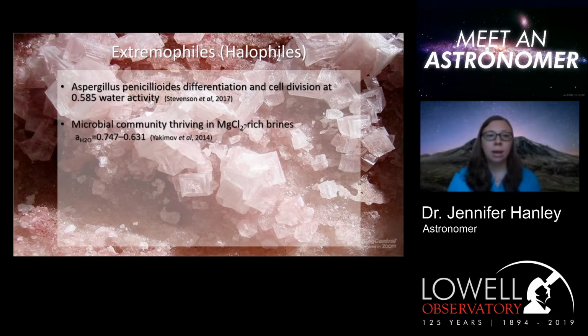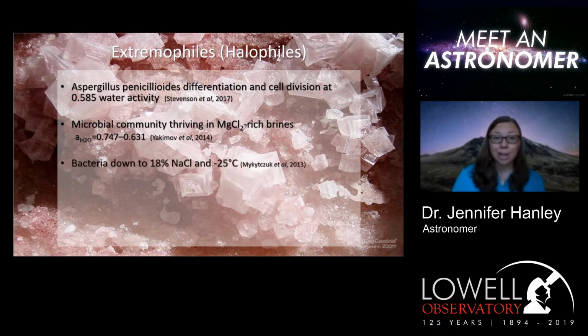So we see that microbial communities can thrive in magnesium chloride-rich brines at between 0.75 and 0.63 activity of water. We find that we can actually get to slightly cold temperatures, minus 25 degrees Celsius in Antarctica, in a salty NaCl solution.